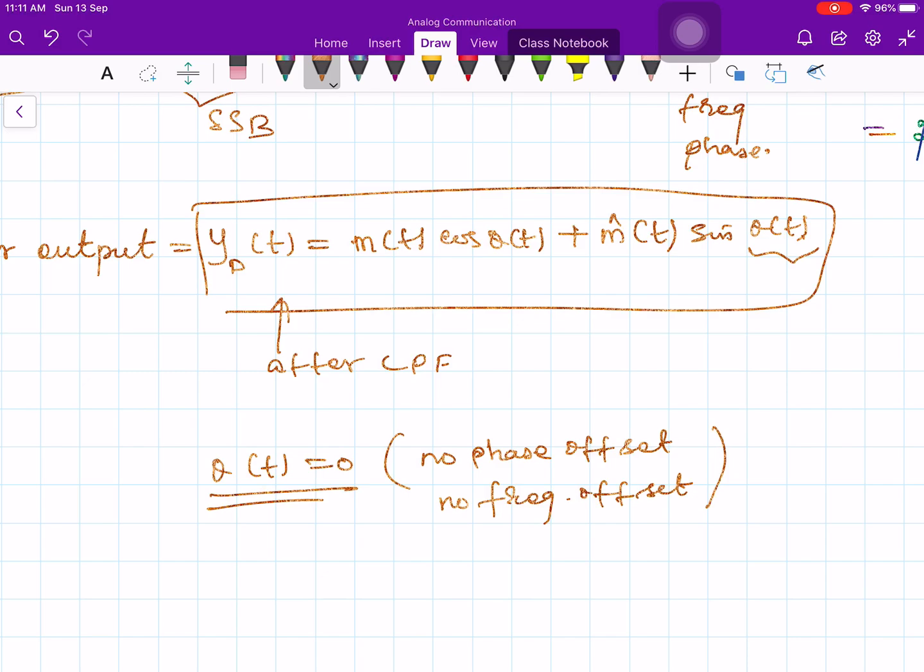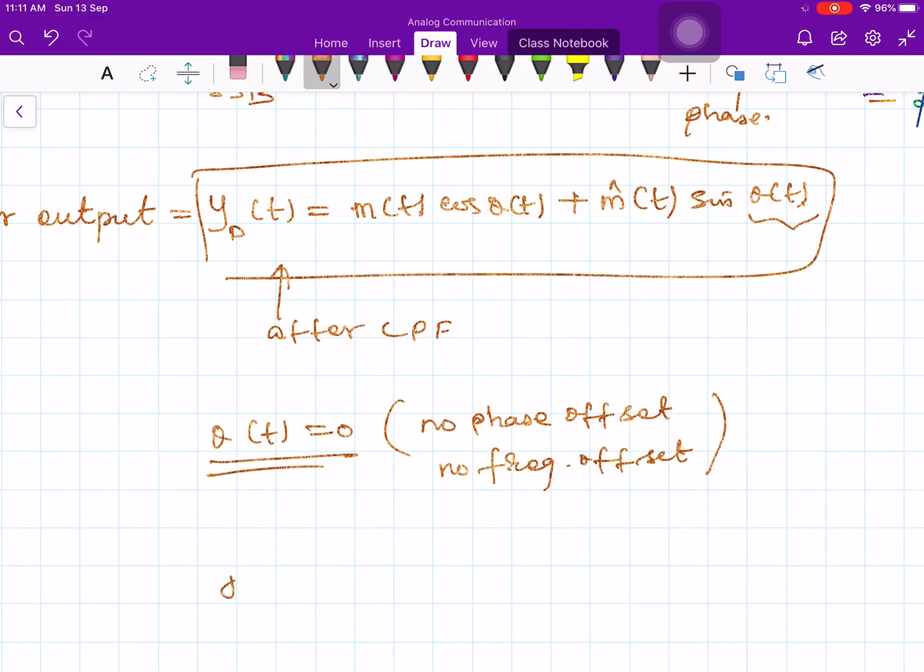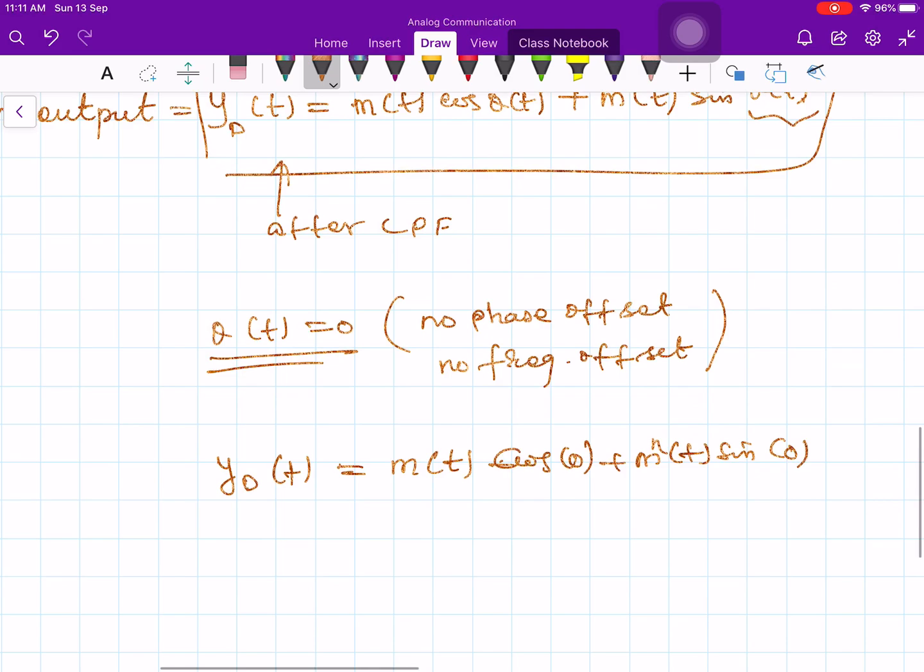In this case, your demodulated output Yd of t will be the same as m of t: m of t times cos of 0 plus m cap of t times sin of 0. Therefore, your demodulated output y of t is equal to m of t.